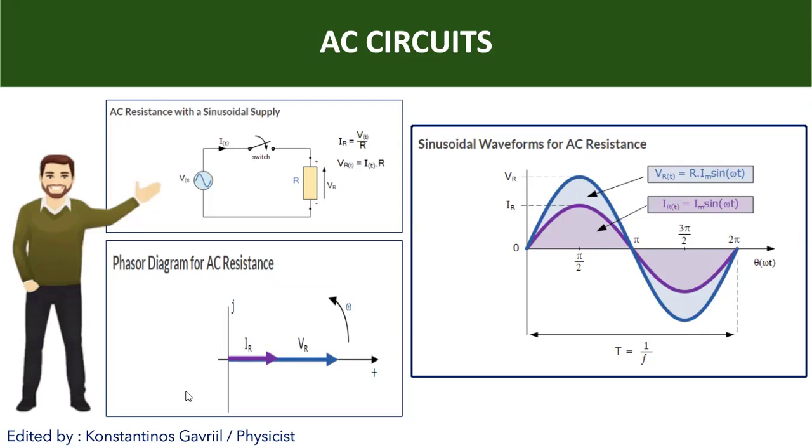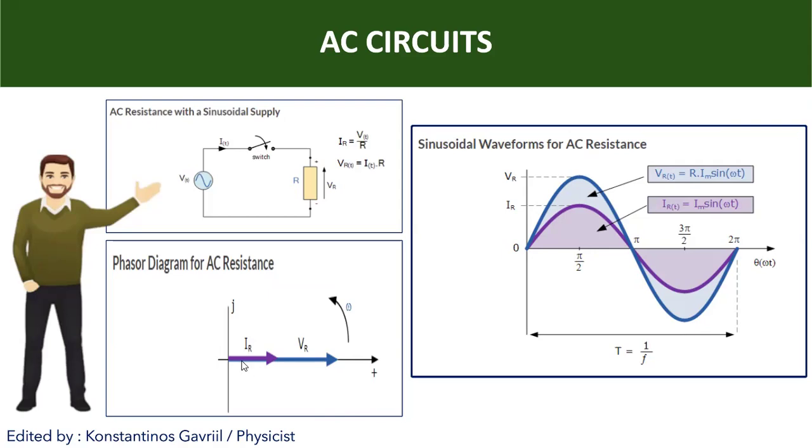And we can represent this statement with this phasor diagram. We use these two arrows, vectors, in order to represent the fact that the voltage and the current are in phase.